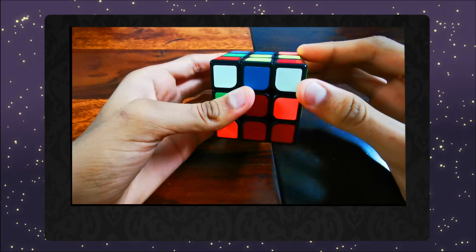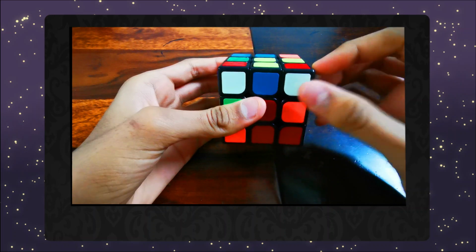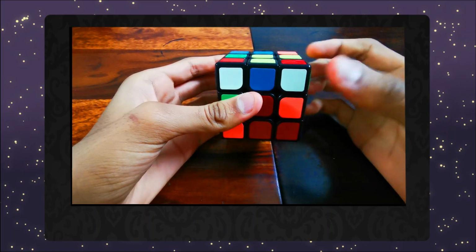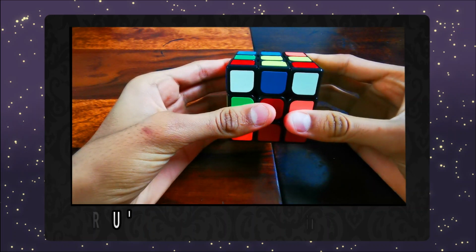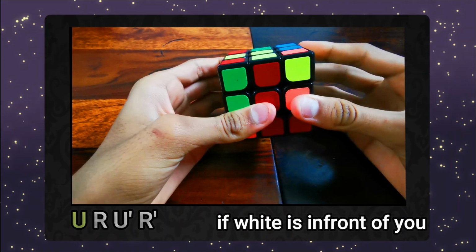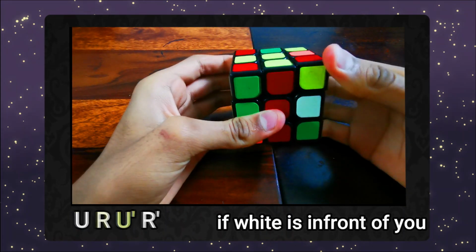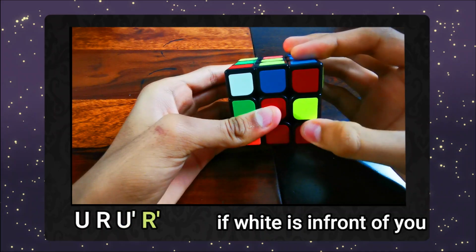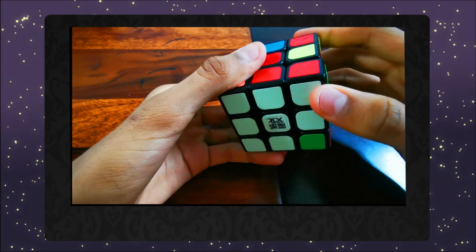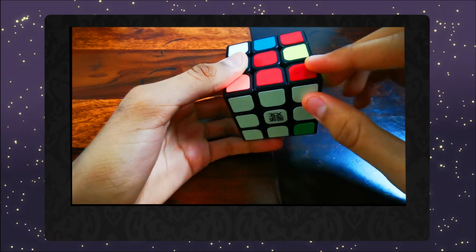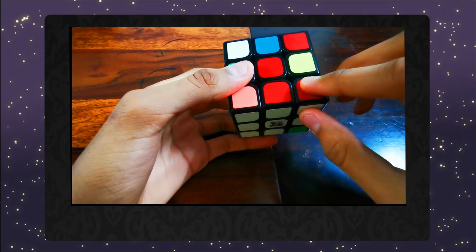So if the white piece is present in front of you, then what you have to do is apply the formula U R U prime R prime. So as you can see that the other corner piece has come to its position.